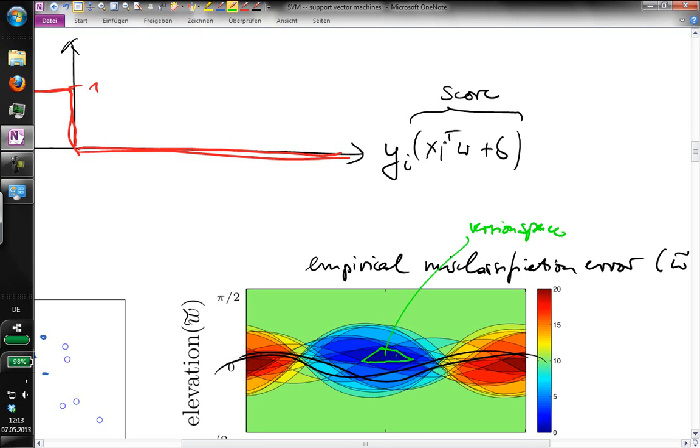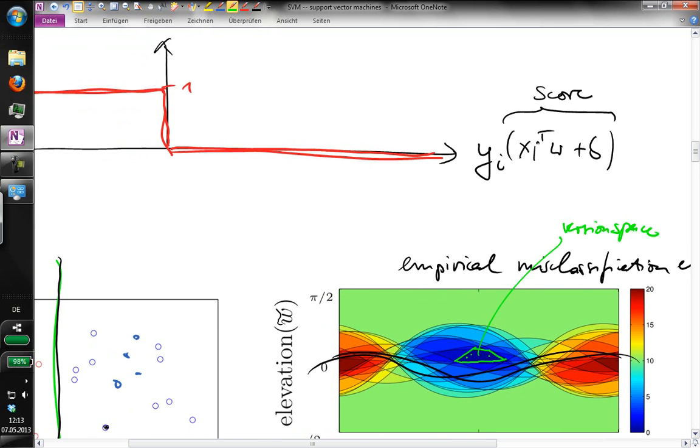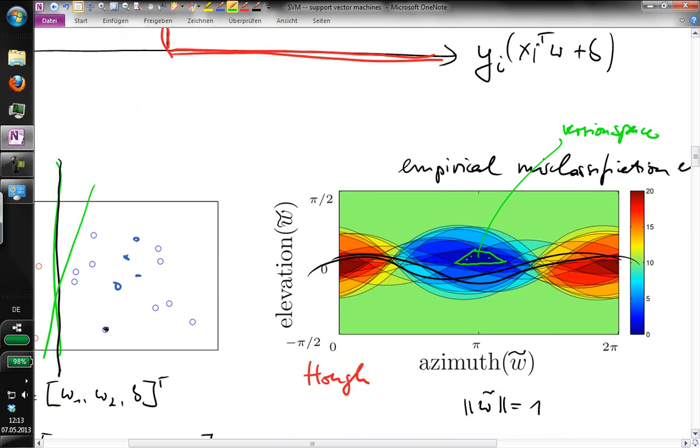Again, each point in version space corresponds to one decision boundary that is perfectly compatible with all training data. And now, out of this infinity of possible solutions, you're looking for one which is special.